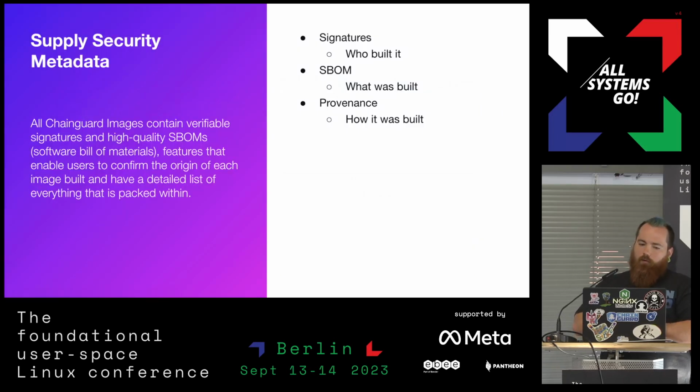Let's talk a little bit about the supply chain security metadata, like we talked about, and we'll show it in the demo. The signatures are who built it. So we sign our images with the public instance of Sigstore. That provides you who built these images and where they came from, so you can verify that it did come from that. We also create the SBOM attestation, what was built.